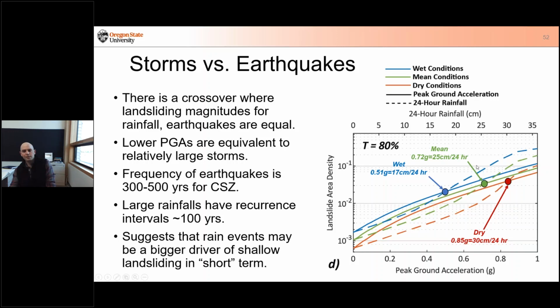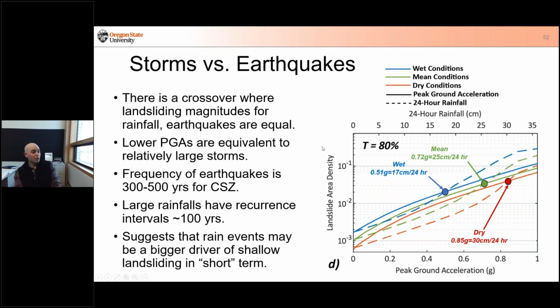The dashed lines are rainfall, and you can see them on the top x-axis. And then there's landslide area density. There's a crossover. We can see what the equivalent event would be. So for example, under wet conditions, half G would be about equivalent to 17 centimeters of rainfall in 24 hours.